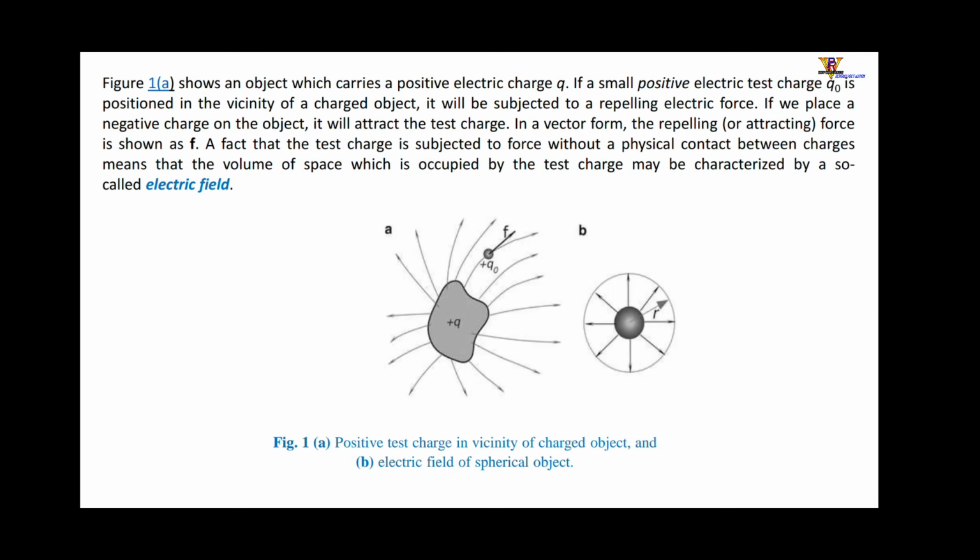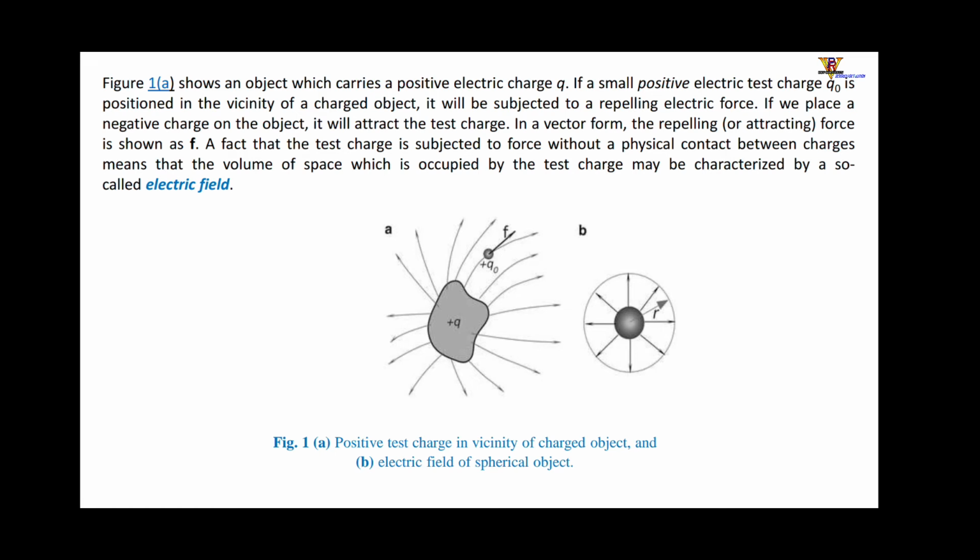So we have a positive test charge in the vicinity of a charged object, and the electric field of a spherical object. Now we are defining what an electric field is and what electric potentials are.